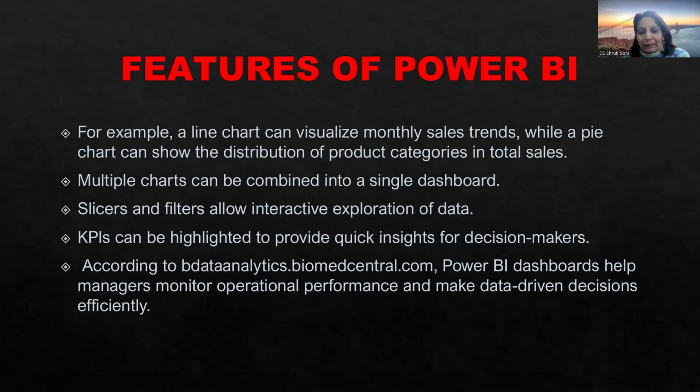That is, one category had this much percentage and this other category had this much contribution. You can also have multiple charts as you just now saw. And then you have filters and slicers, which will allow interactive exploration of data that I'll explain to you. And then you have key performance indicators. You can highlight them so that the decision makers can have a quick insight, right?